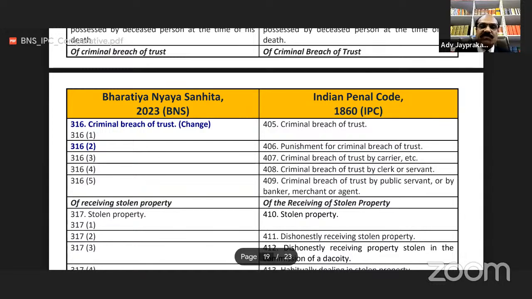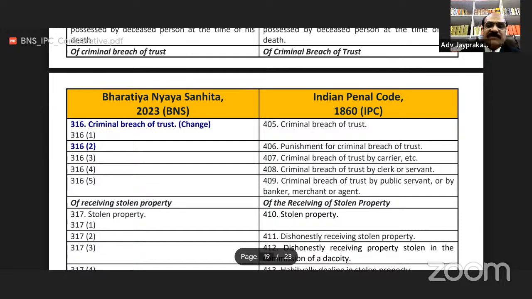Its corresponding section was 408 in IPC. BNS section 316(5), criminal breach of trust by public servant or by banker, merchant or agent. Its earlier section was 409.